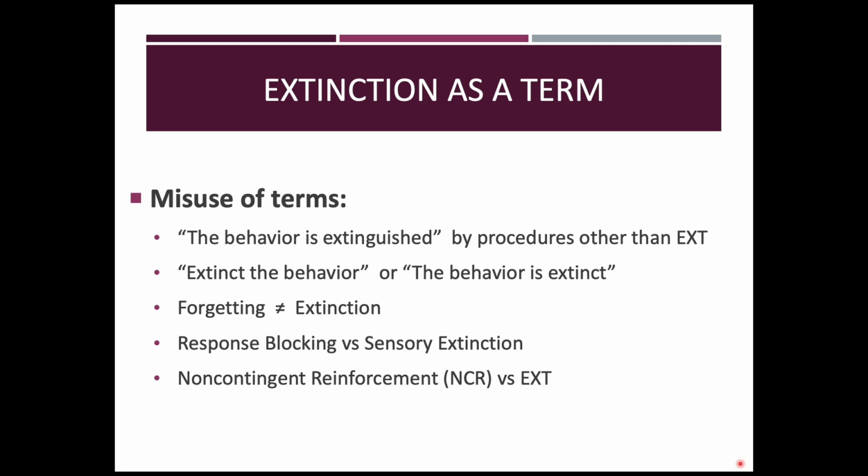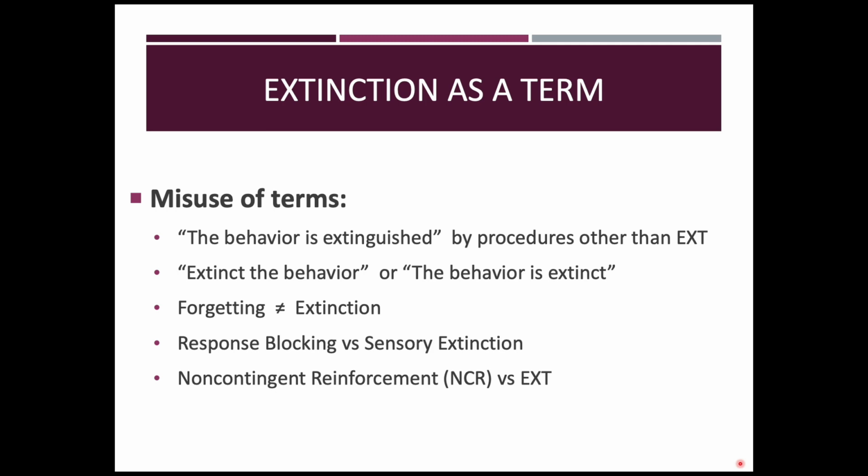Forgetting is not an example of extinction. So you don't acquire information and then when you forget it, it underwent extinction. And there's a distinction between a procedure, which we are not talking about yet, called response blocking. Right? It looks like sensory extinction, but if you don't know what the reinforcement contingency is, simply blocking the responses is not a form of extinction. It is a common procedure though, right?